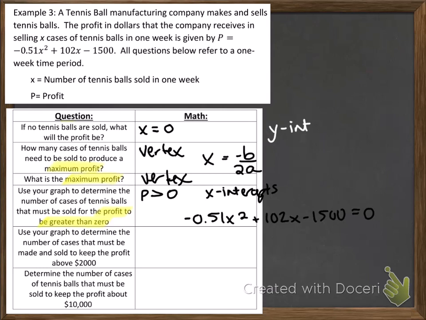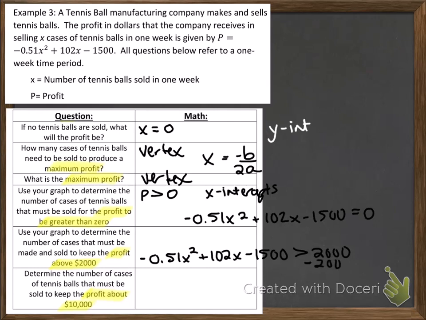Okay, and the last two are almost the same, only instead of 0, it's going to be above 2,000 or above 10,000. So guess what? We're going to do the exact same thing. We're going to write the equation all over again. Look, this is getting boring because it's so easy. We want it above 2,000, so we're going to write greater than 2,000. Well, then what will we do? We do what we did in that other example.